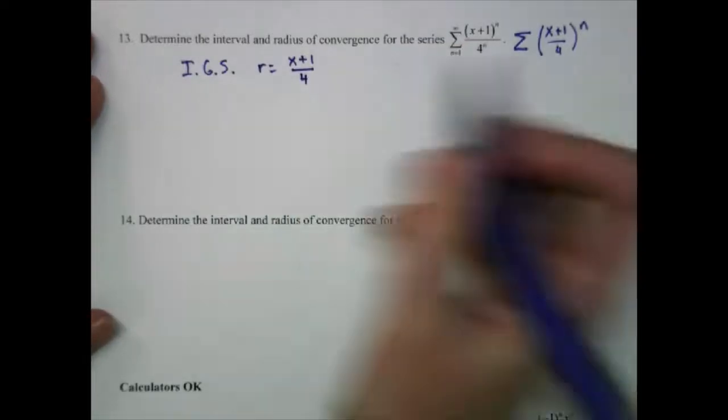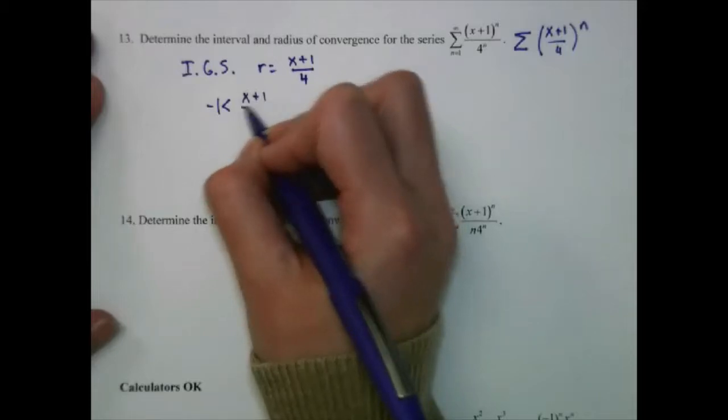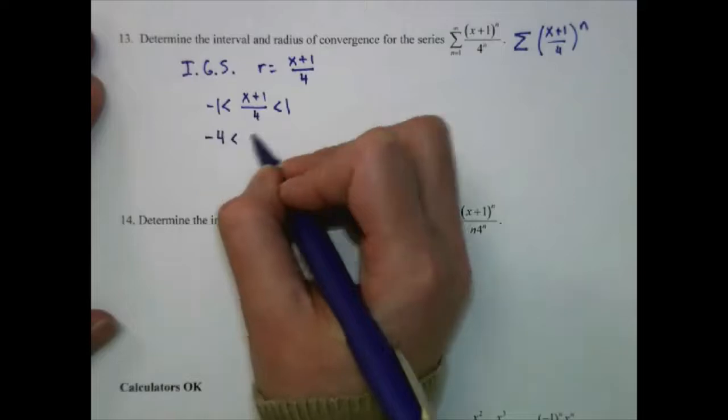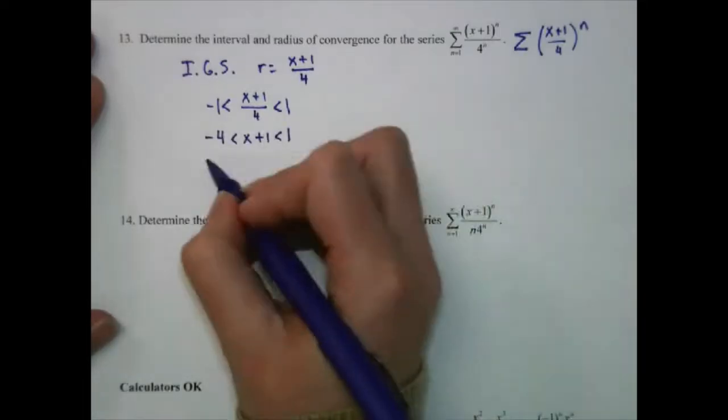And in order for x plus 1 over 4 to converge, it needs to be between negative 1 and 1. So multiply by 4, and then subtract 1.